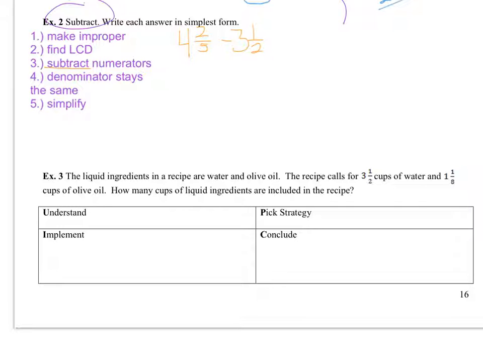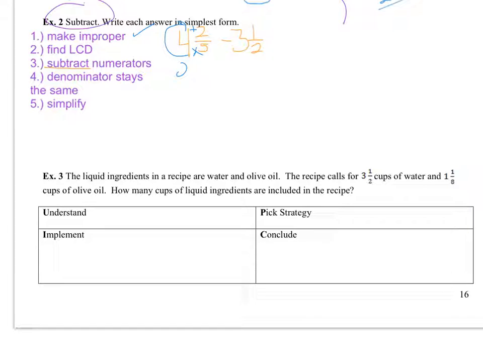All right, so the problem we're going to start together is 4 2/5 minus 3 1/2. Okay, so step number 1 is to make them improper. So we're going to multiply and then add our numerator.